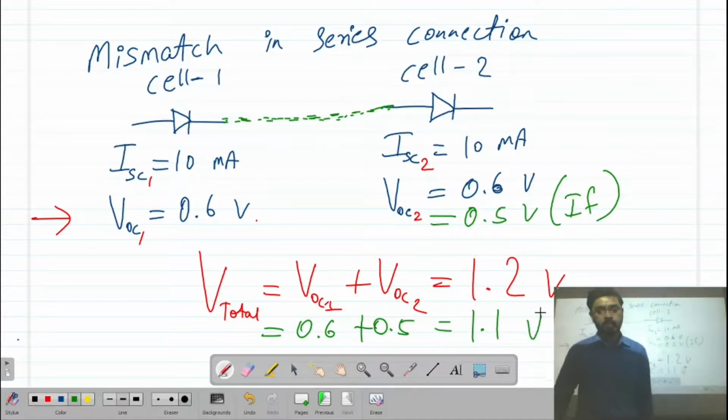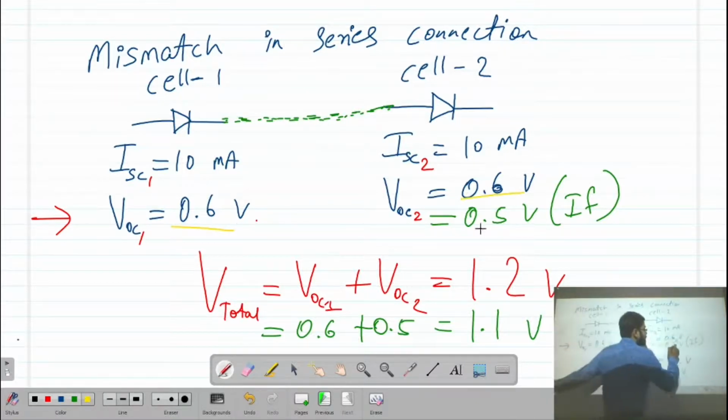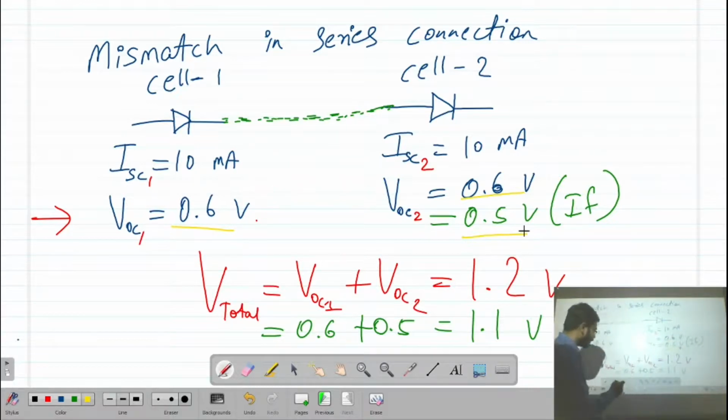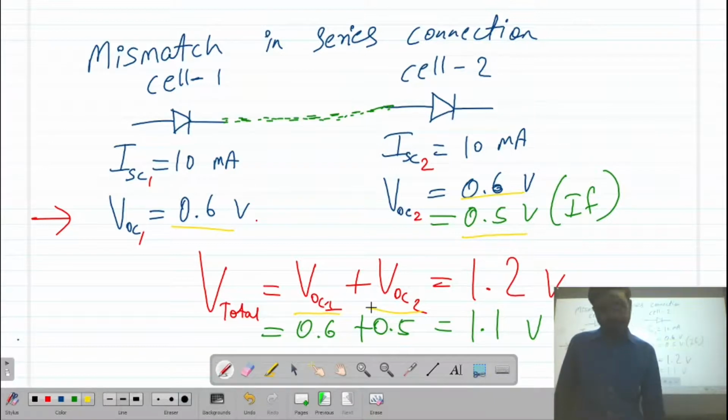It will have 1.1 volt. So in either condition, it will just have the addition of VOC1 and VOC2.